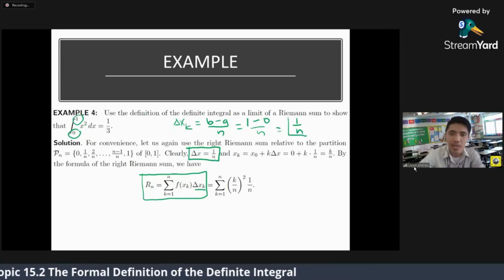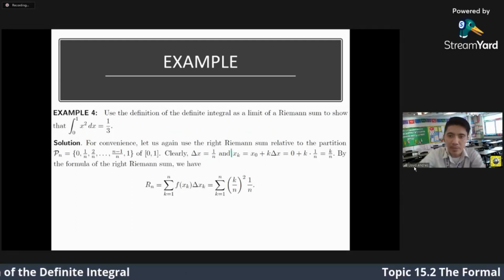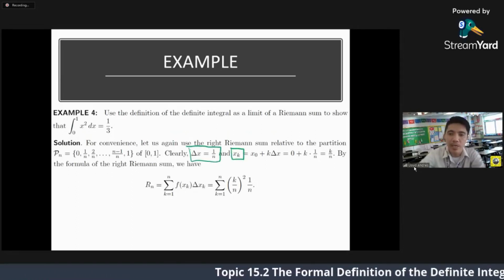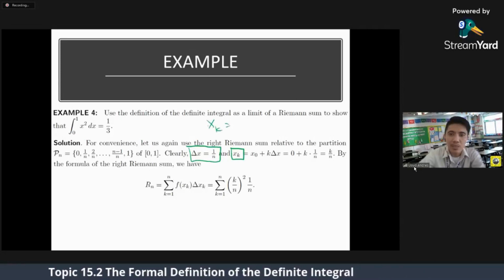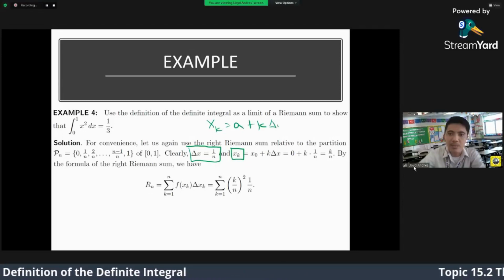Okay na ta na. Next, kailangan po na to si x sub k. Again, to solve for x sub k, atong a plus k delta x.